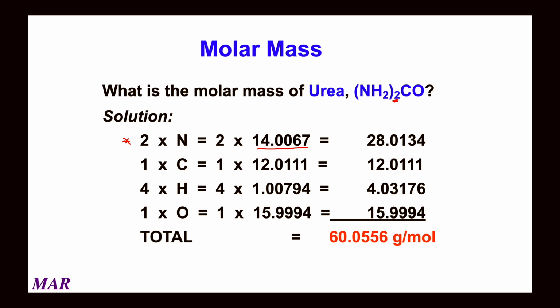Now, I do not usually use that many sig figs when I'm doing a molar mass. Usually what I do is cut it off at the hundredths, or 2 positions to the right of the decimal. And 99% of the time in chemistry, if you cut it off at the hundredths, that'll give you all the significant figures you need.